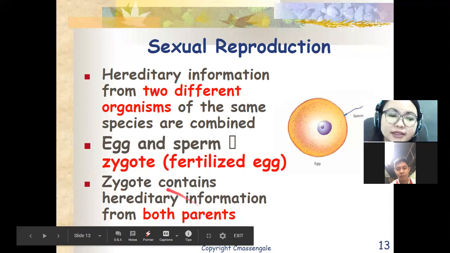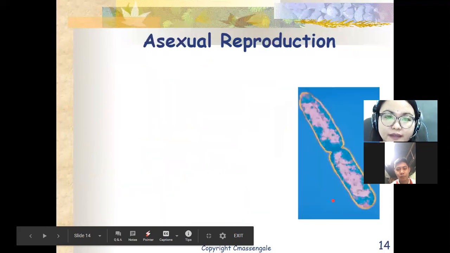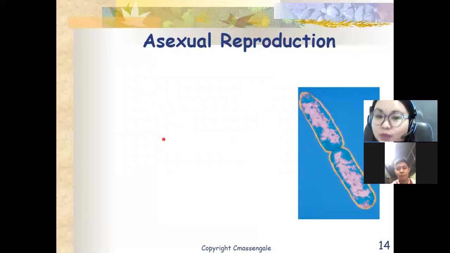The zygote contains hereditary information from both parents. That's the fertilized egg. We also have asexual reproduction. For human beings we cannot have one, although with technology today there are already test tube babies, but somehow it's still restricted on some religious points.